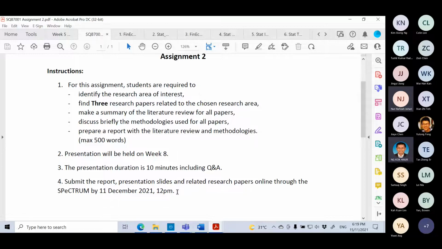As I mentioned to you, for the methodology, you don't need to spell out the specific technique they use, or how they derive the formula. You just tell it in words. But of course, if you want to put in the equations, you can also. You don't need to say this is the equation and this is what it means.